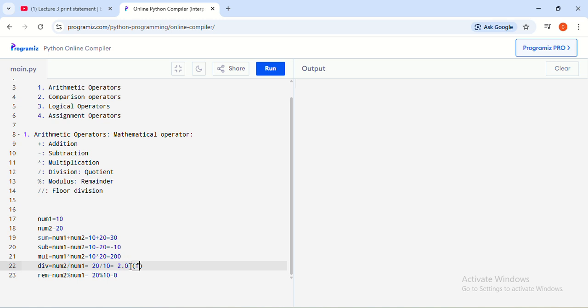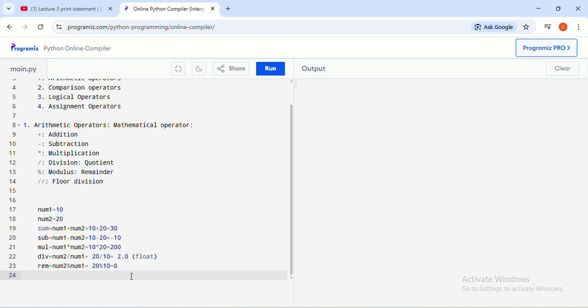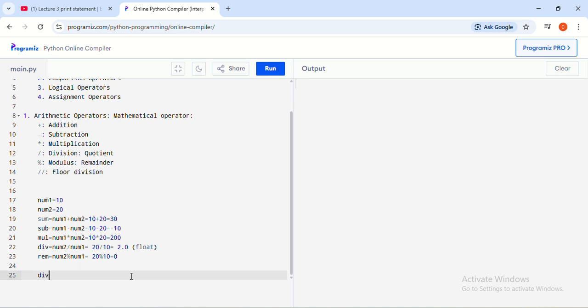You can just remember that the result of division will always be a floating point number, even if it is not a decimal, it will just give you decimal 0 after the number.